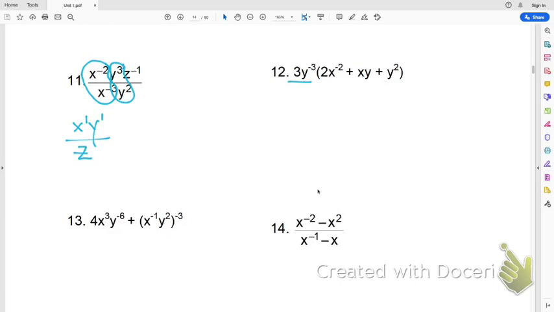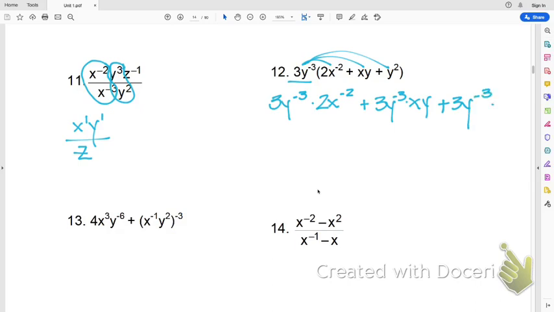So if you need to think about this as 3 different multiplication problems, do it like this. Now, if you don't need to write this out to use the correct exponent rules, don't. But if you do, that's totally okay. What you are doing is a multiplication on each one of these.